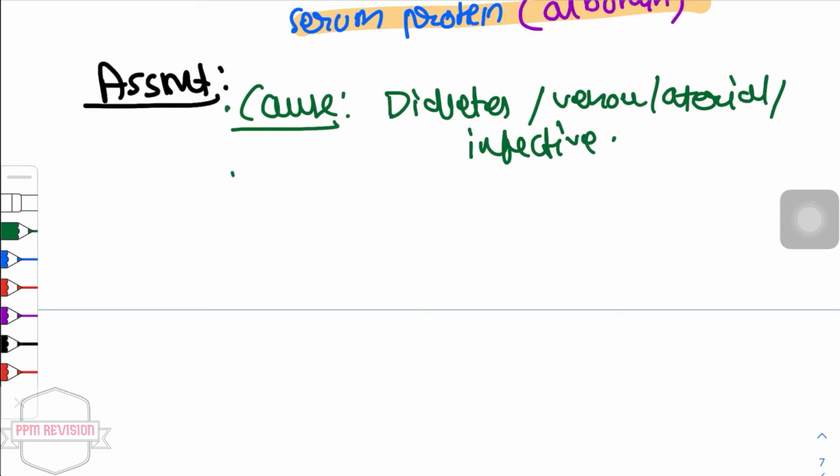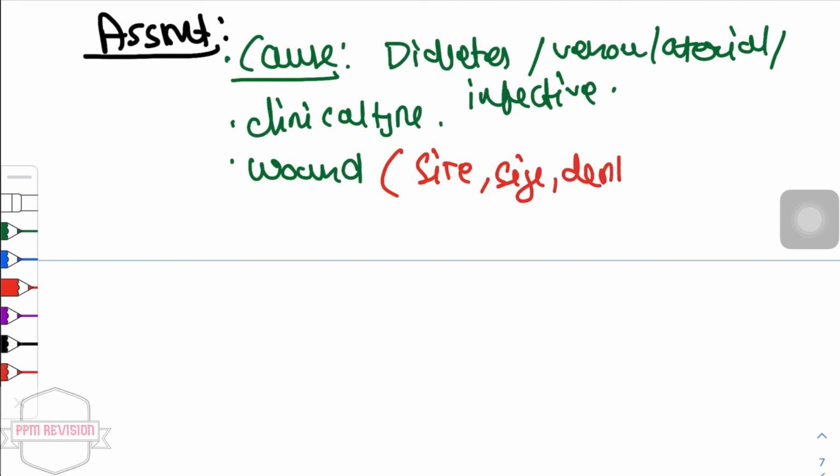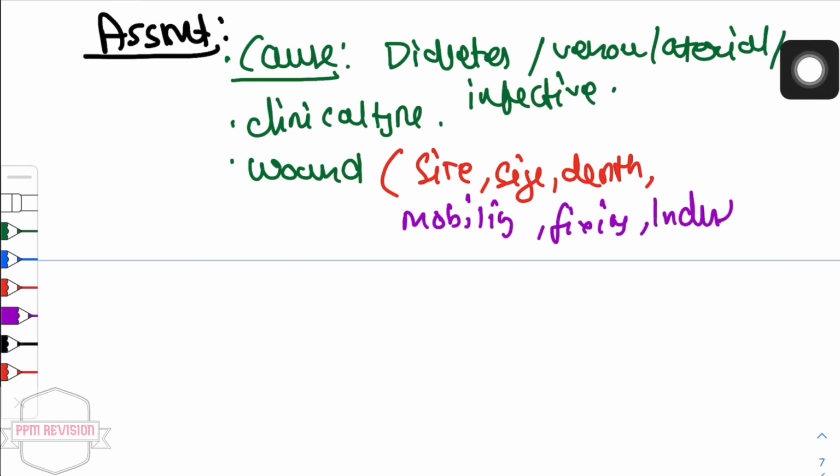The clinical type should be assessed. In case of the wound, what to look for is the site, size, and depth of the wound. Also, we need to look for mobility, fixity, and induration of the surrounding area.